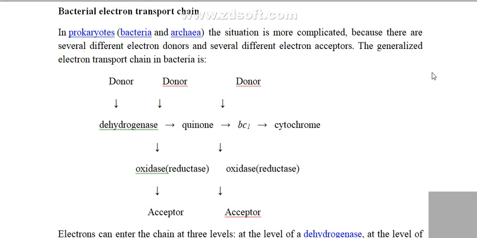enter through different electron accepting molecules. So you will see what the electron donors are, and how they donate electrons to several different electron acceptors. Why do they donate electrons and why is it important?